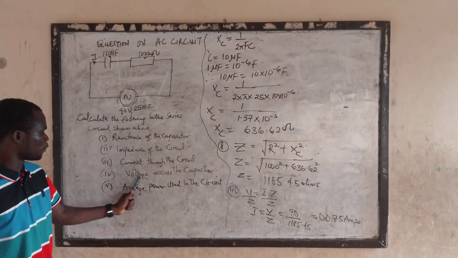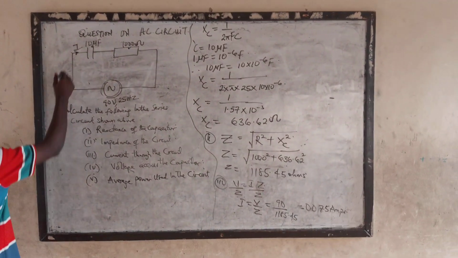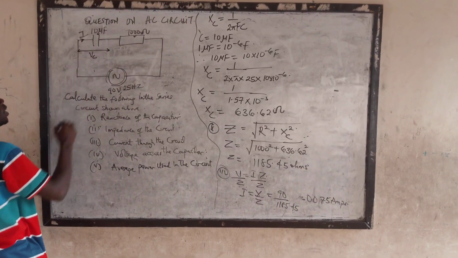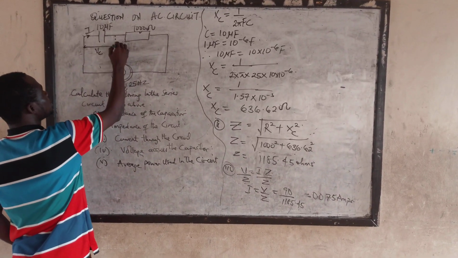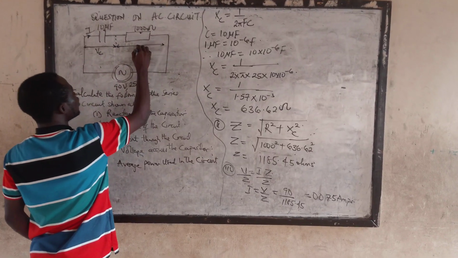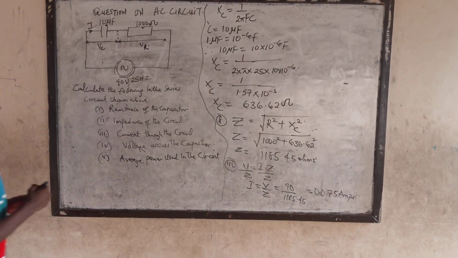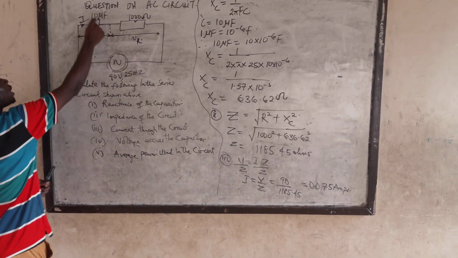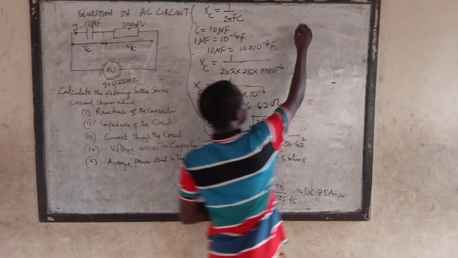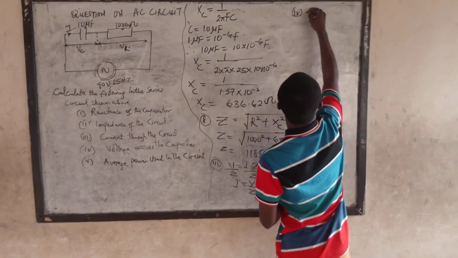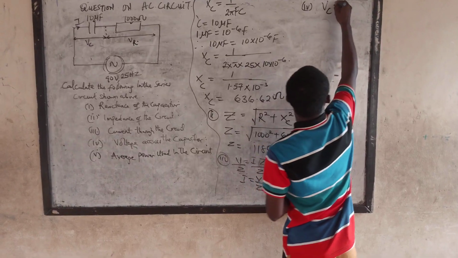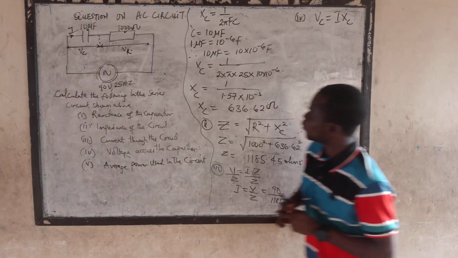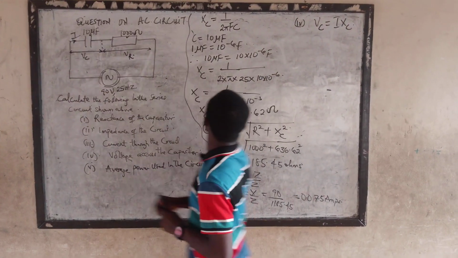We want to find the voltage across the capacitor, that is V subscript C, and we also want to calculate the voltage across the resistor, V subscript R. How do I find the voltage across the capacitor alone? Number 4: V subscript C equals I times X subscript C, because we want the voltage across the capacitor.